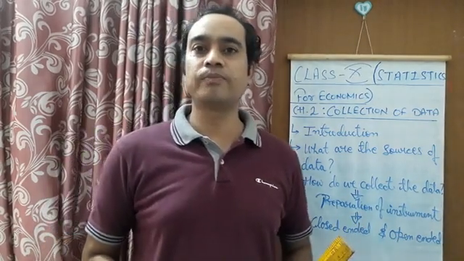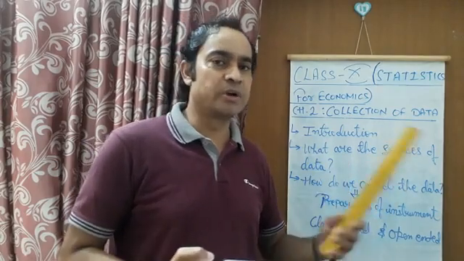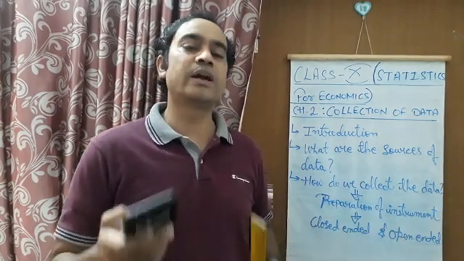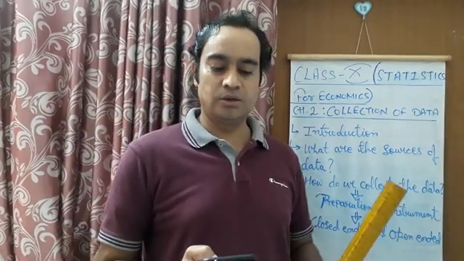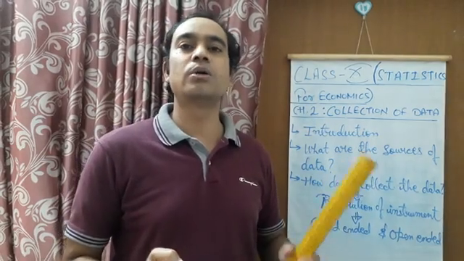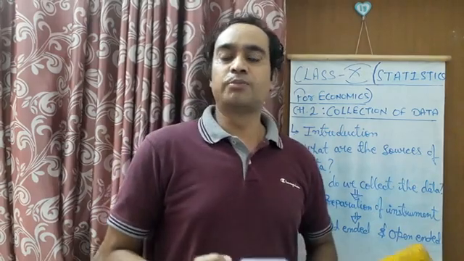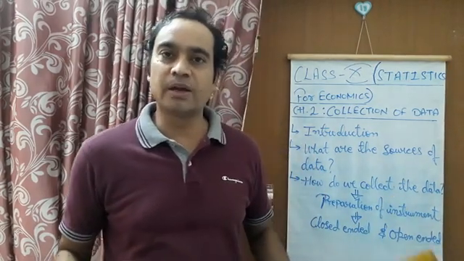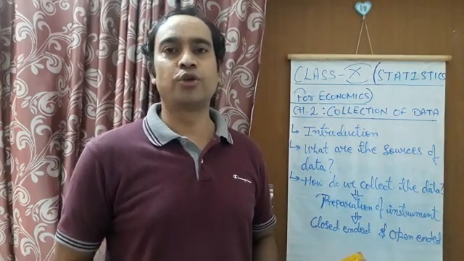You are not going to get the correct answer. If you want a clear answer, then the good question is, what percentage of your income do you spend on clothing? Directly like this. The respondent will answer maybe 30% or 40% of my income I spend on clothing. You will get the correct answer.